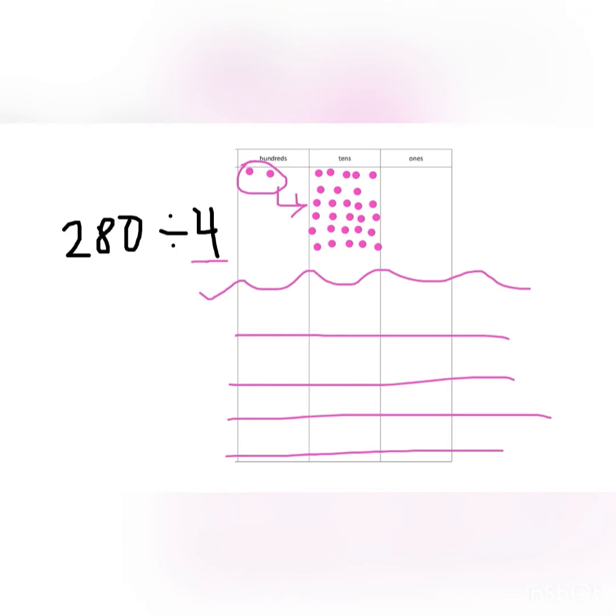Okay, next we're going to split our 28 discs between our 4 lines in the tens place. Remember to cross out as you go so you don't lose track.